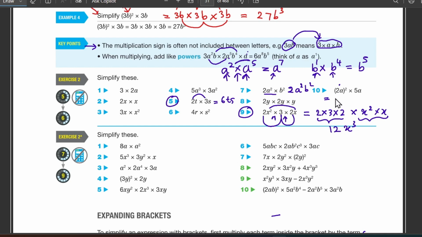We can expand that: 2a times 2a times 5a. So 2 times 2 is 4. 4 times 5 is 20. And we have a times a times a. So a cube. So this is the answer.